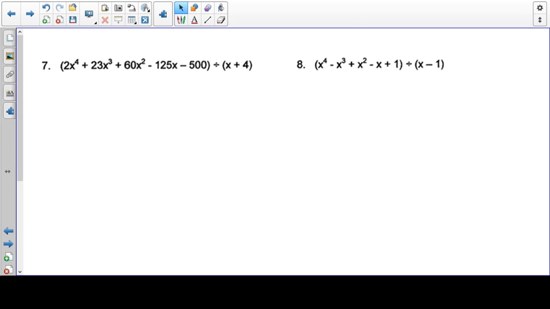Alright, I want you to try these two. If you get these two correct, you're done with the notes. If you do not, I want you to check out the last two.